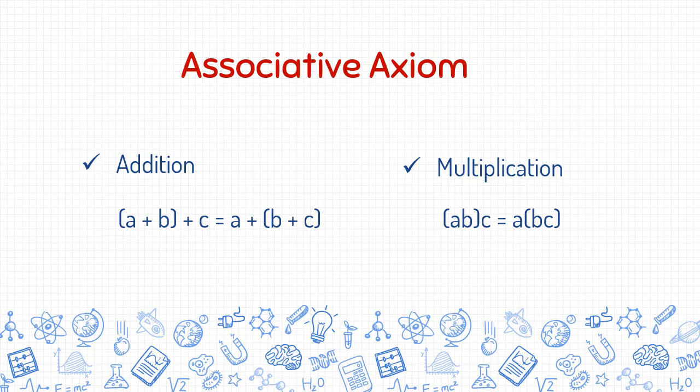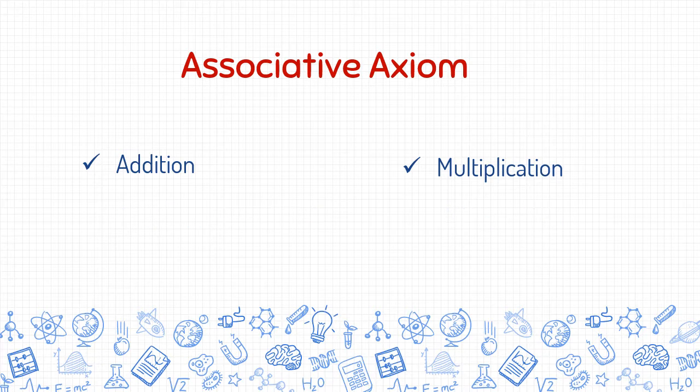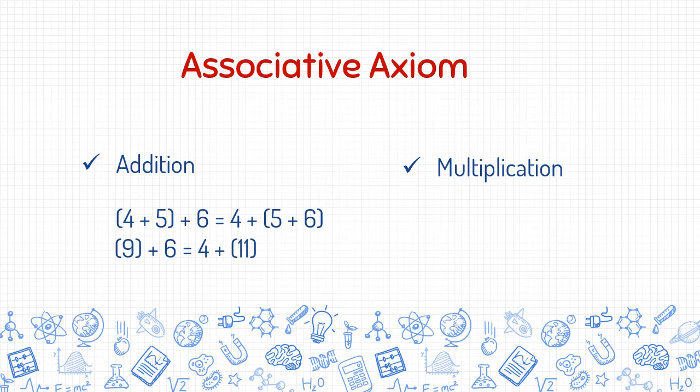Let's try an example using numbers. Okay, in addition, we have the sum of 4 plus 5, plus 6 is equal to 4 plus the sum of 5 and 6. So 4 plus 5 is 9.